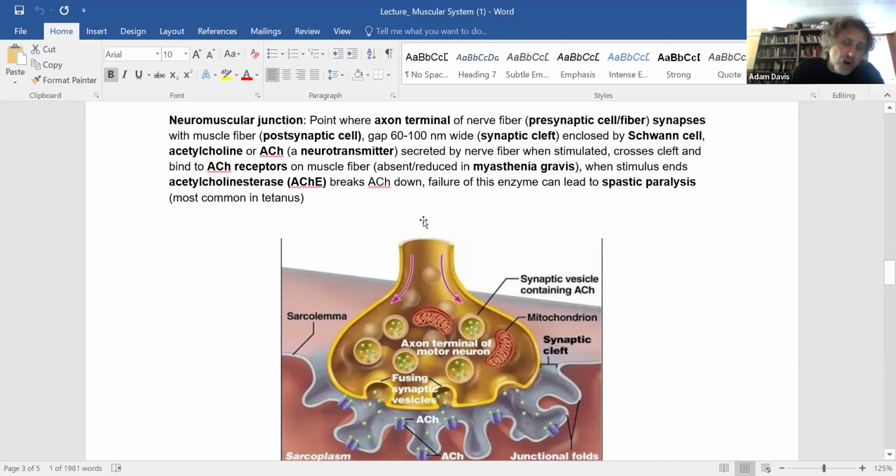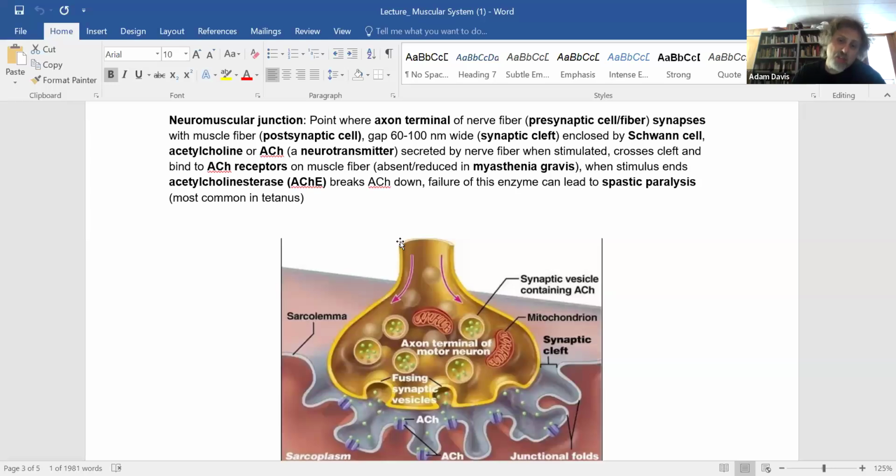This is the end of our nerve fiber. At the end of the nerve fiber, and the nerve fiber is called an axon, we're going to talk more about that in the next chapter when we talk about the nervous system. At the end of the nerve fiber, the axon swells into this kind of button-shaped arrangement called the axon terminal. And the axon terminal is going to be the end point of the nerve fiber.